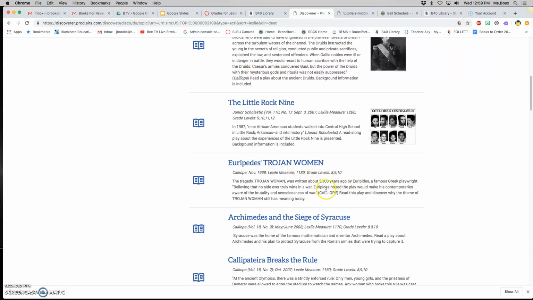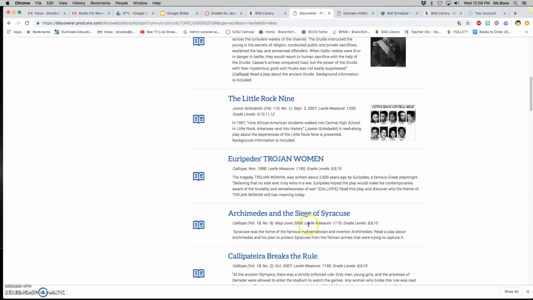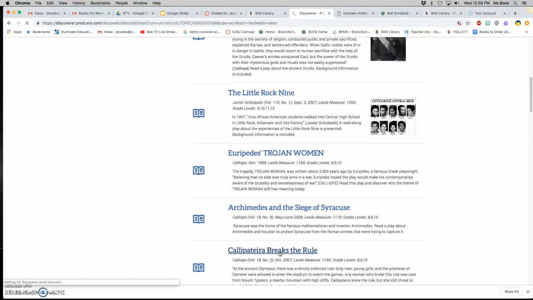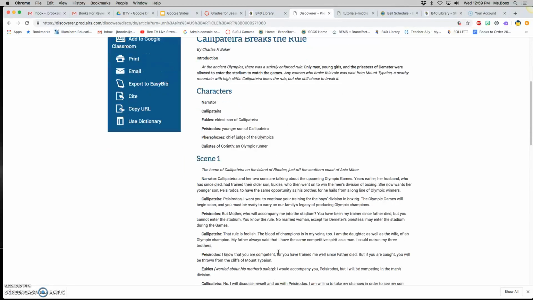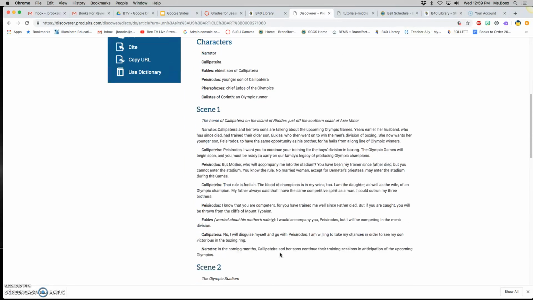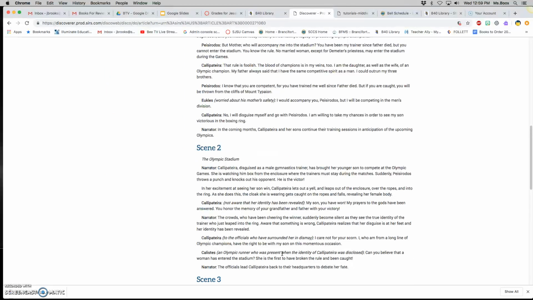Trojan Women, Archimedes and the Siege of Syracuse. These look particularly suited to 6th grade. And here they are. So read aloud, play.